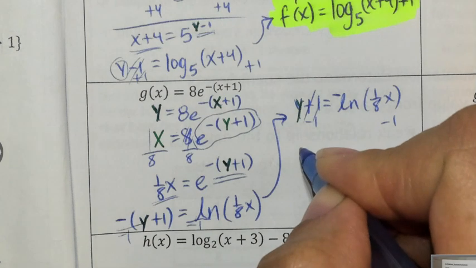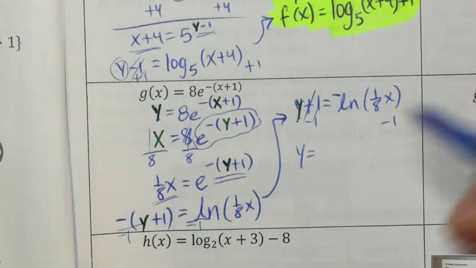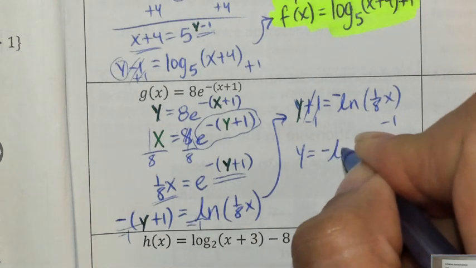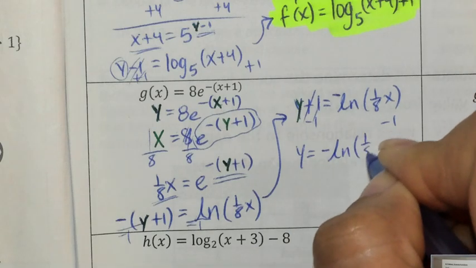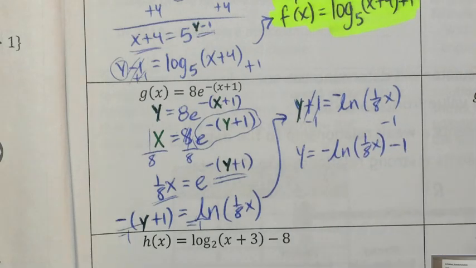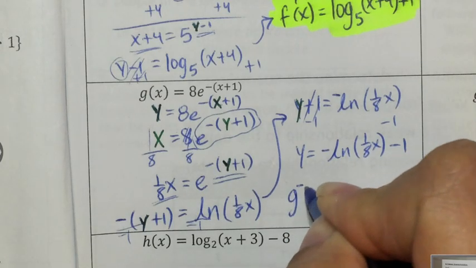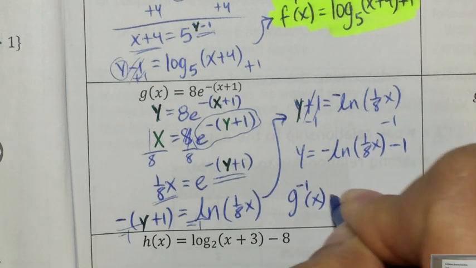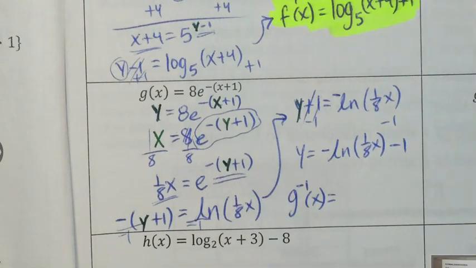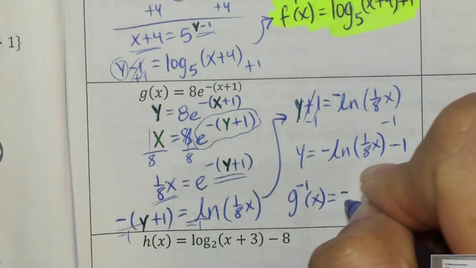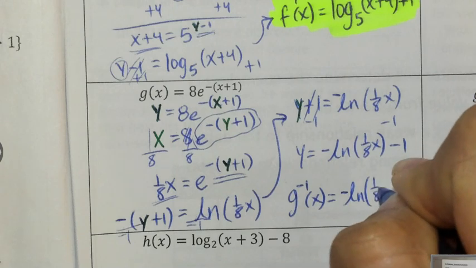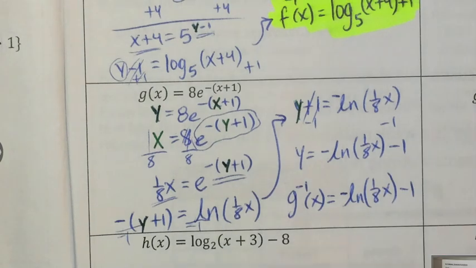And then we have y equals negative ln 1/8 x minus 1. So then that becomes the inverse, g negative 1 of x. So the inverse of g of x is negative ln 1/8 x minus 1. And you can graph and check.